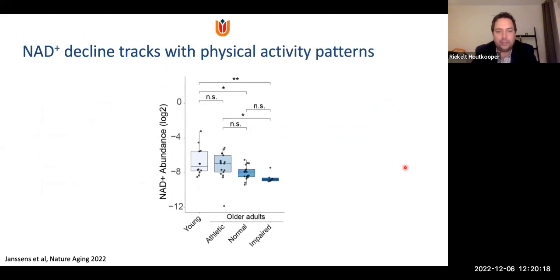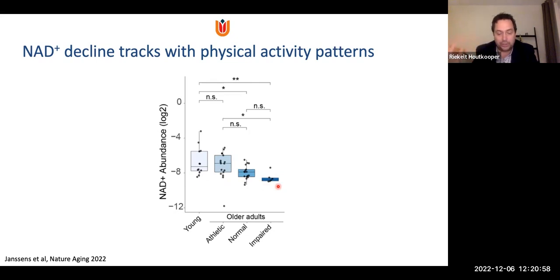And indeed, if you look at the individual values and you also, again, classify by physical activity level, you can see that there's this stepwise approach where older adults have a generally lower abundance of NAD in the muscle, but this is relatively well preserved or maintained in athletic elderly, and it's the lowest really in older adults with an impaired muscle function, suggesting, but not causally demonstrating, that physical activity will improve your NAD levels.